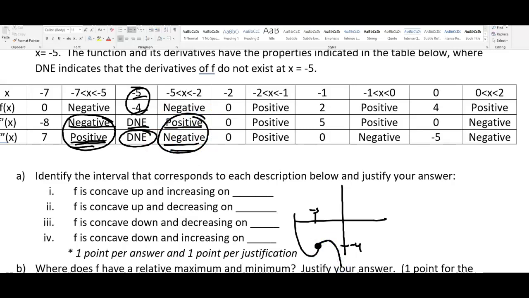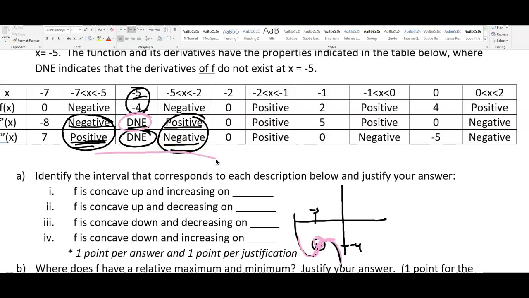Now I did my best to try to make that look like a cusp, but we do have a sudden sharp change of turn there. So if I were to accent it a little bit more, maybe we could see it slightly better. I can't really curve back on itself like that, but you get the idea. We have a sharp turn there. So we have no first derivative because it's a cusp, right? But notice that this is a point. The point exists, and the concavity does change. And so I personally don't see a reason why we cannot call that a point of inflection as well.